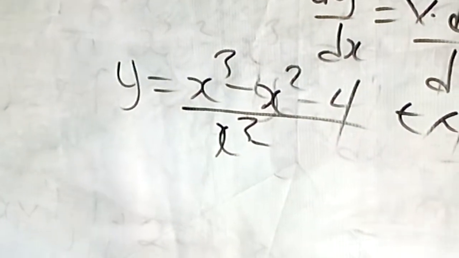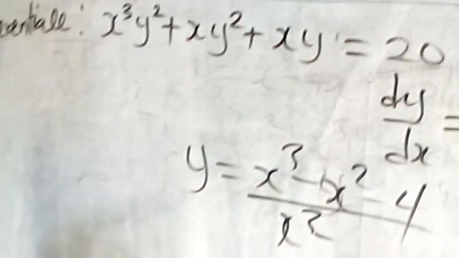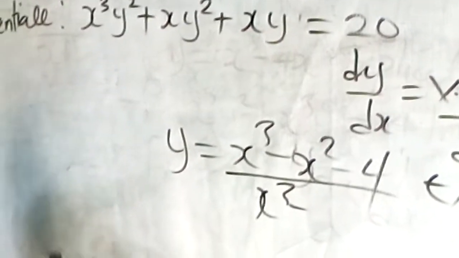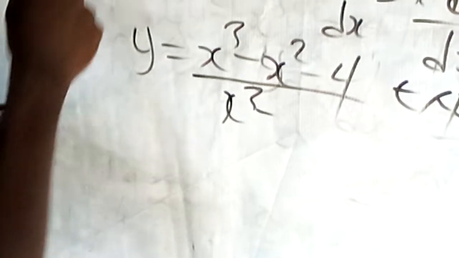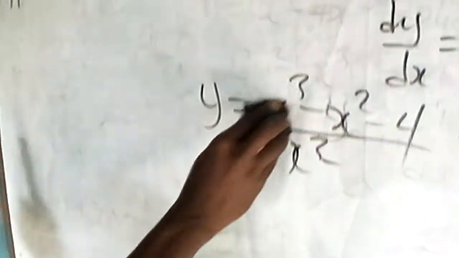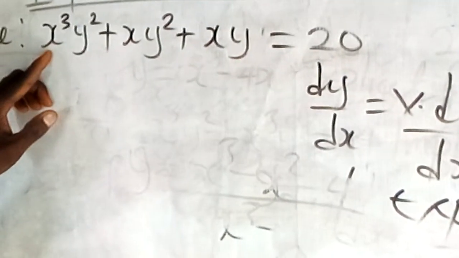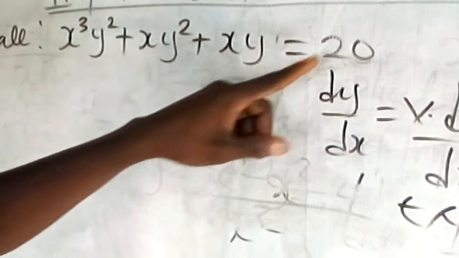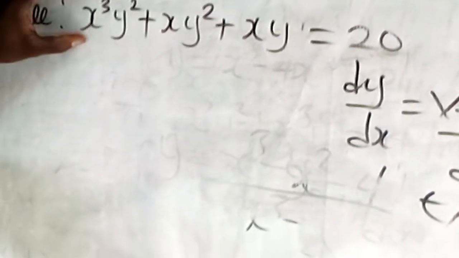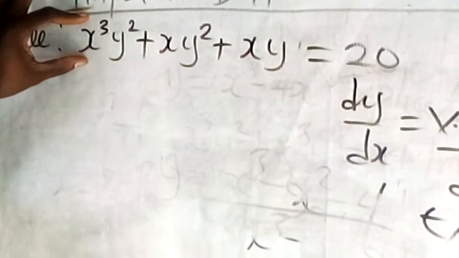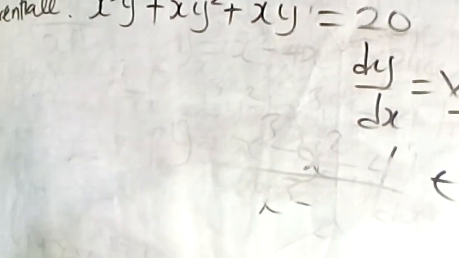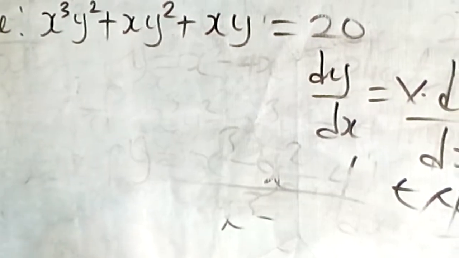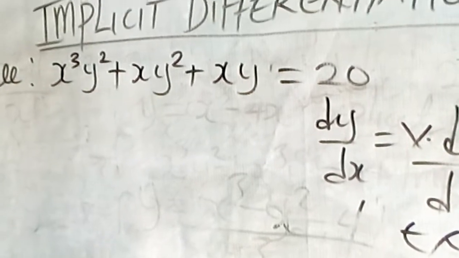That function is a function where y and x are intertwined, they are joined together. If you have this, for instance, if you have that, you can see that y is joined to x, equal to 20. So this type of function is what we call an implicit function. And the method we use to solve it is called implicit differentiation.